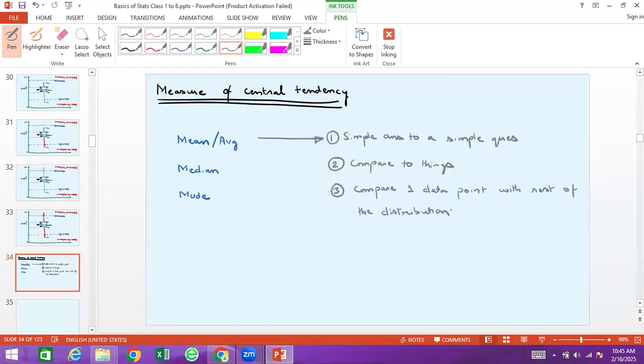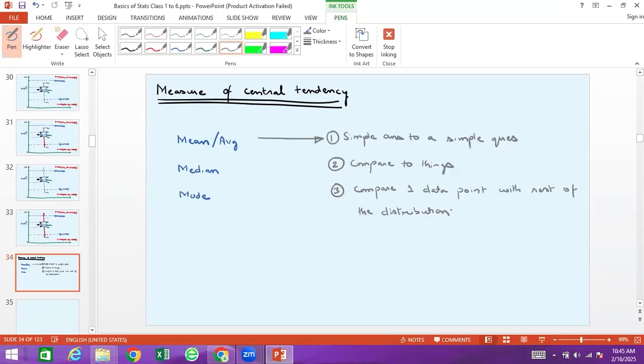Let's say again, same thing. I met my CEO in the lift and he asked me, Puneet, how we did in terms of sales last month. Okay. So what he wants to understand is whether we did good or we did bad in the last month. So how will I decide whether the last month was good or bad? I will just compare the last month sales with the average sales.